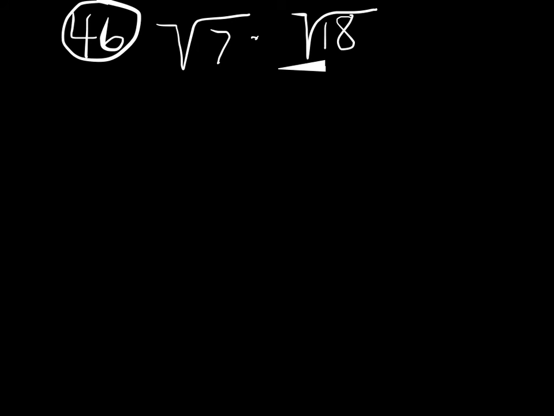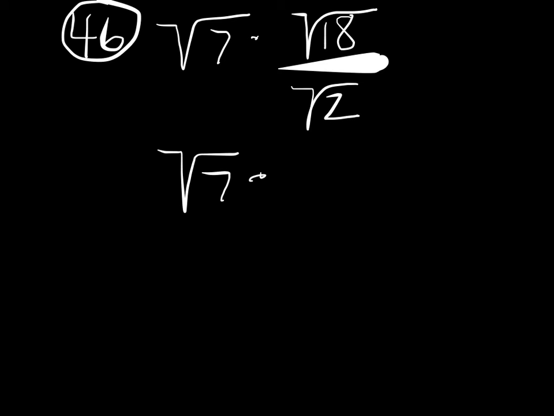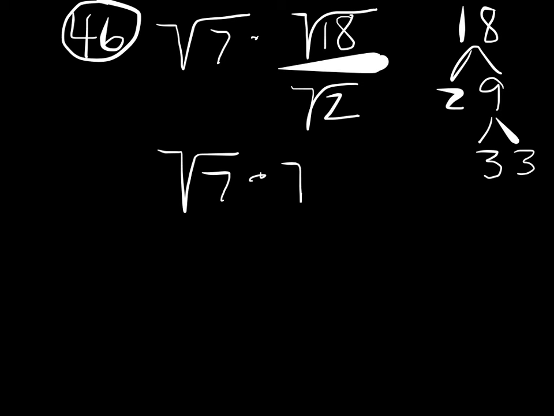Okay, let's look at number 46. Got the square root of 7 times the square root of 18 divided by the square root of 2. So I'm going to simplify this division first. I'm going to do the square root of 7 times, and 18 factors to 2 times 9 and 3 times 3. So I've got 2 times 3 times 3.